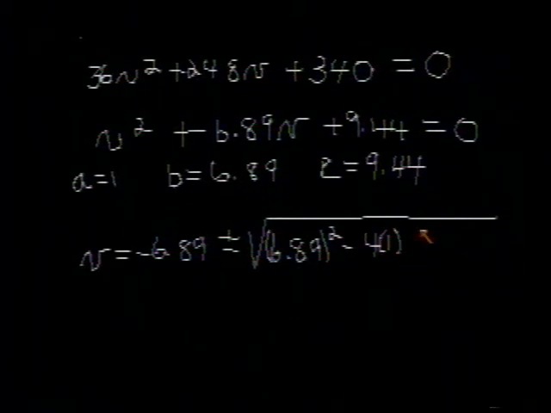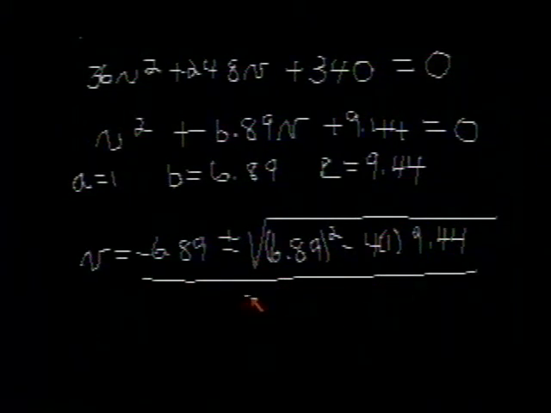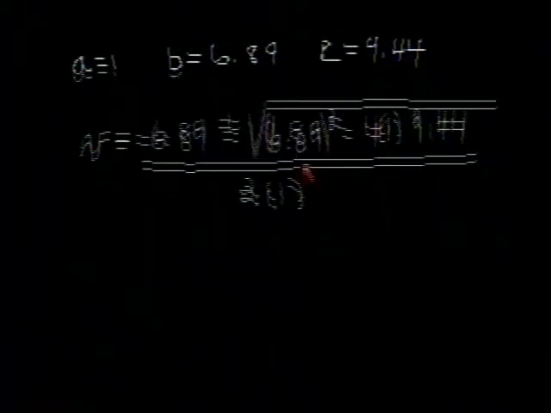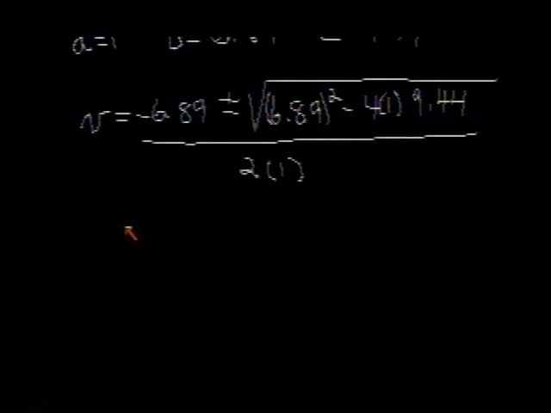I then divide all this by 2a, which is 2 times 1. Now, if you work out that calculation, you get two values for v. We get v is equal to minus 1.89, and also that v is equal to minus 5.